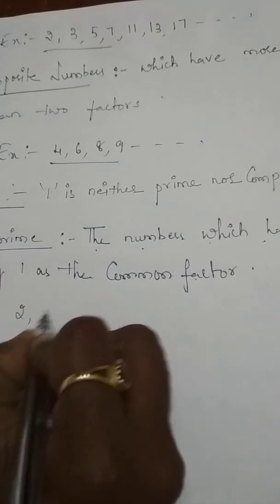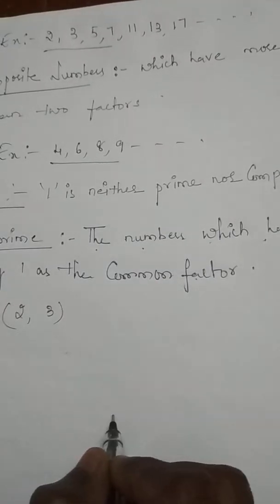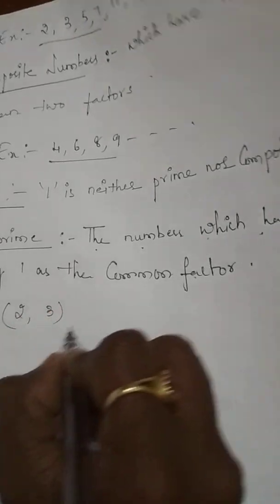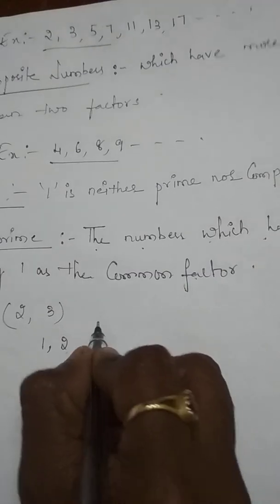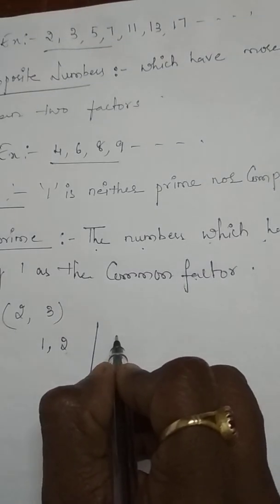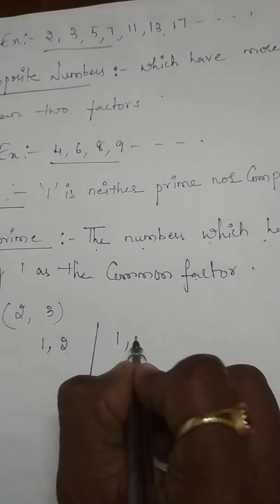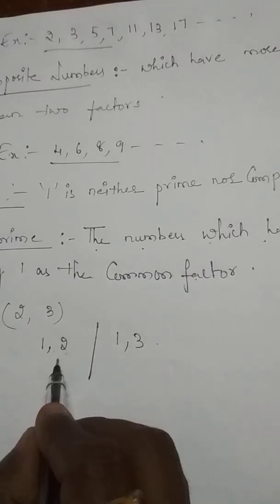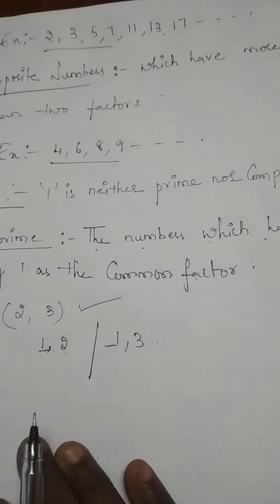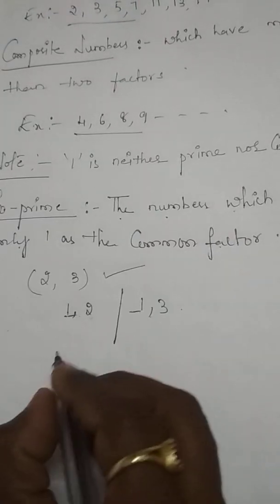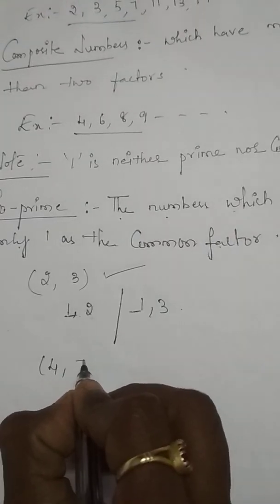We'll take 2 and 3. We'll check whether they are co-primes or not. For 2, what are the factors? 1, 2. For 3, what are the factors? 1, 3. So in both, which is common? 1 is common. Therefore 2 and 3 are co-primes. Okay, next 4 and 7.